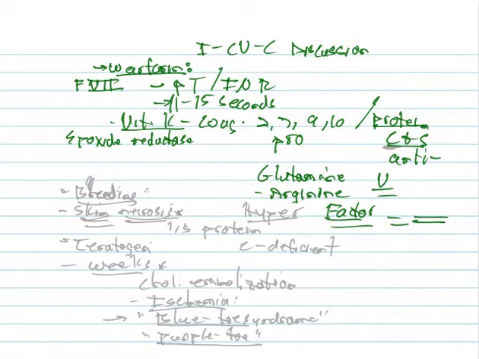And you know that being the most important and the most common of all of the genetic hereditary thrombophilias or hypercoagulable states. So that's a little bit of protein C and S.